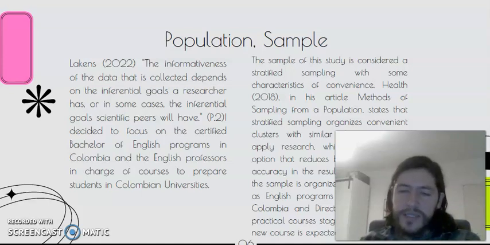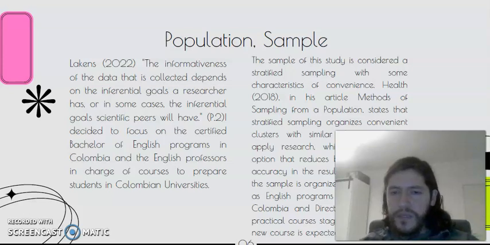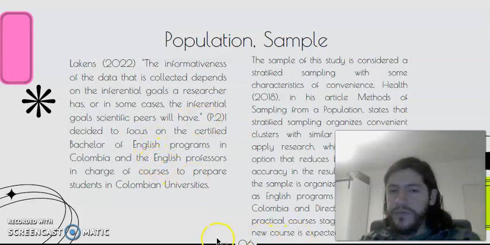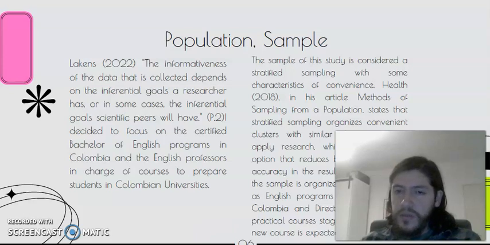Those are 26 universities that have similar programs, English programs to UNAT, and that allow me to contrast these practical courses related to teaching English to children. And of course, the professors involved in the practical courses at UNAT.